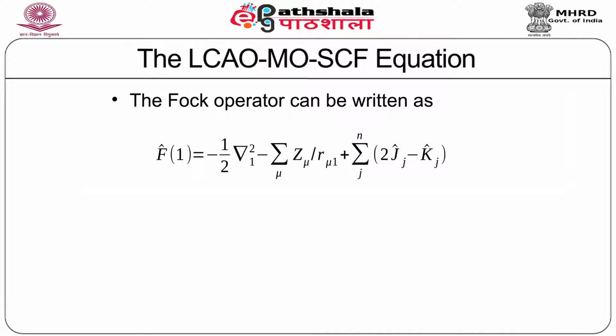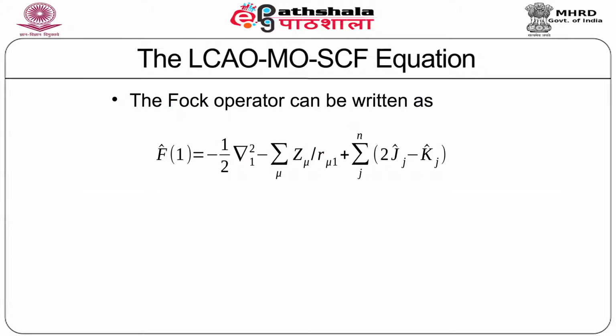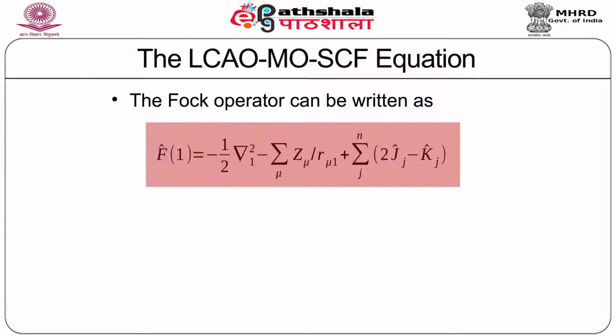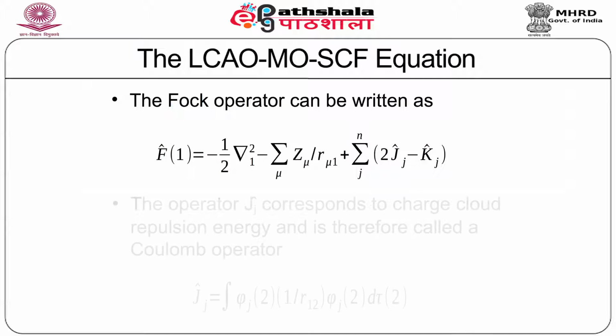In this equation, the Fock operator F can be written as F for electron 1 equals minus half del_1 squared minus sum over mu Z_mu by R_mu1 plus sum over j of (2J_j minus K_j).